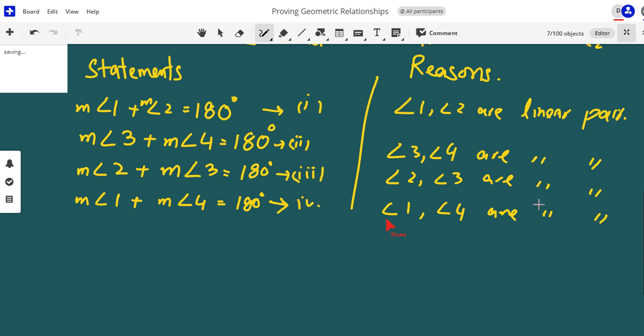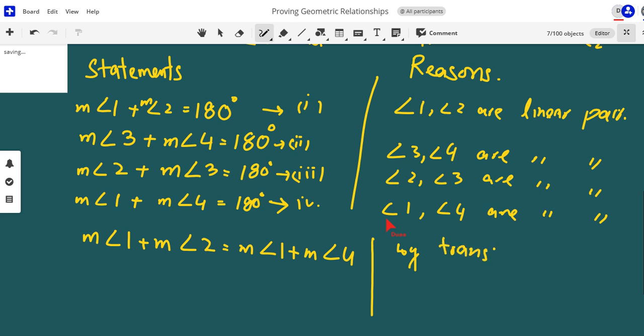and 4. From equation 1 and 4, you can see I can apply the transitive property, that the right sides are equal, so the left sides would be equal, right? So from that, I can write measure of angle 1 plus measure of angle 2 equals measure of angle 1 plus measure of angle 4 by transitive property.